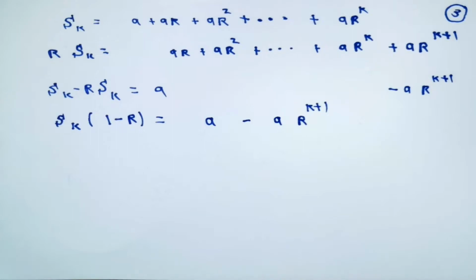Obviously, I can factor an sk out over on the left. Sk multiplied by 1 minus r is this number a minus a multiplied by r to the k plus 1 power. For the moment, I'm going to presume that r is not equal to 1. If that's the case, then 1 minus r isn't 0, and I can divide through by the 1 minus r.